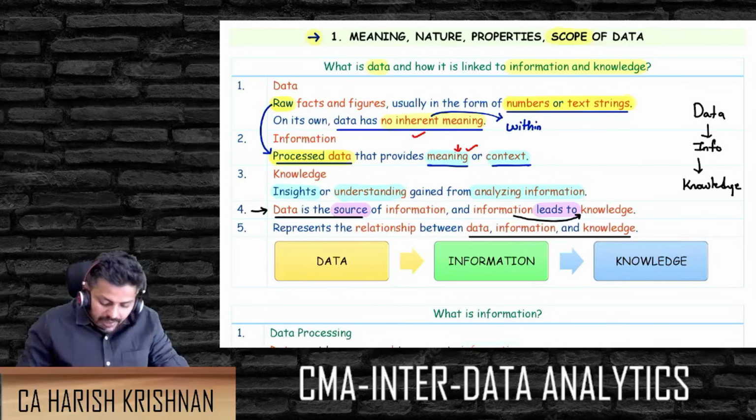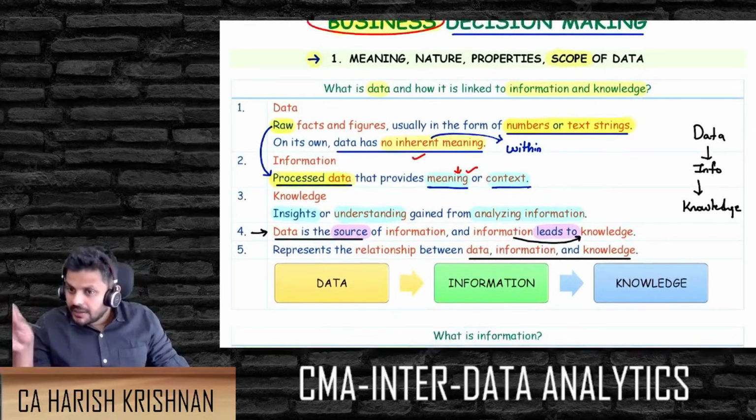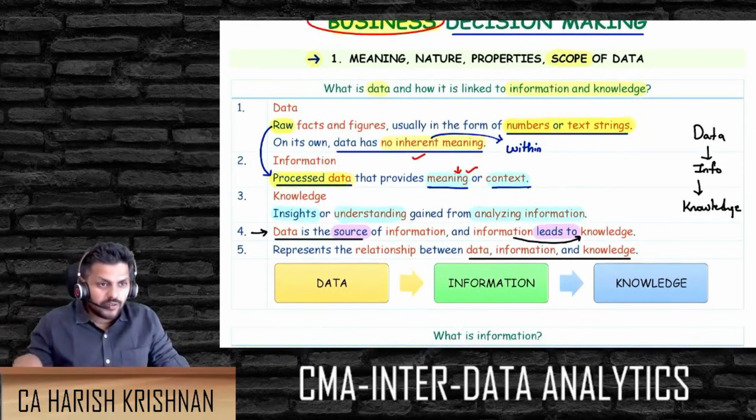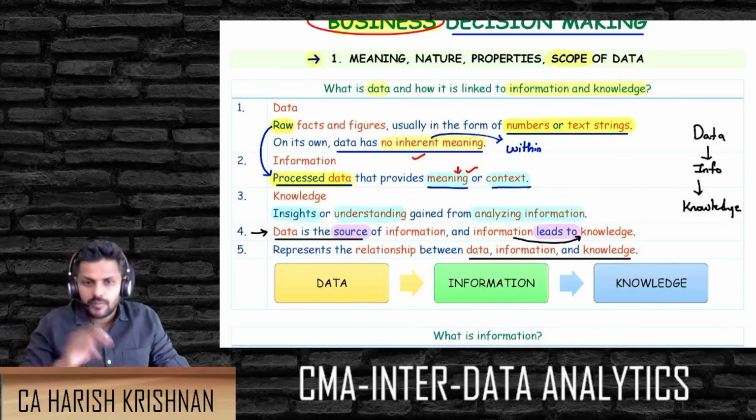So first is data, then is information, and then is knowledge. This is the preliminary understanding that one needs to have in the context of the larger story of data science that we are going to discuss. But to start with, this is what somebody has to know, that there are three terms, and this is how they work.